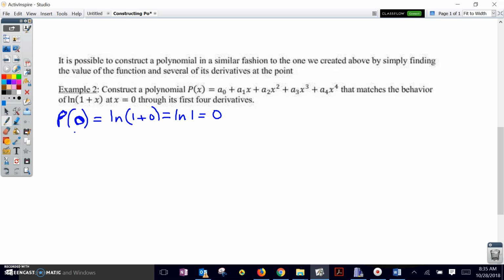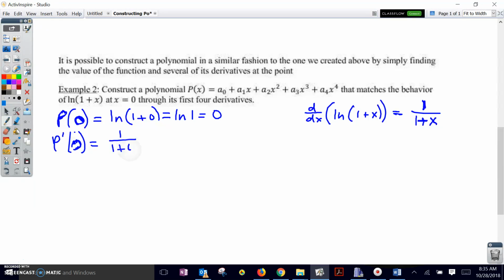The derivative of the natural log of quantity 1 plus x is just going to be equal to 1 over 1 plus x. And so we want the derivative of the polynomial at 0 to be equal to that derivative evaluated at x equals 0. We want that to be 1.